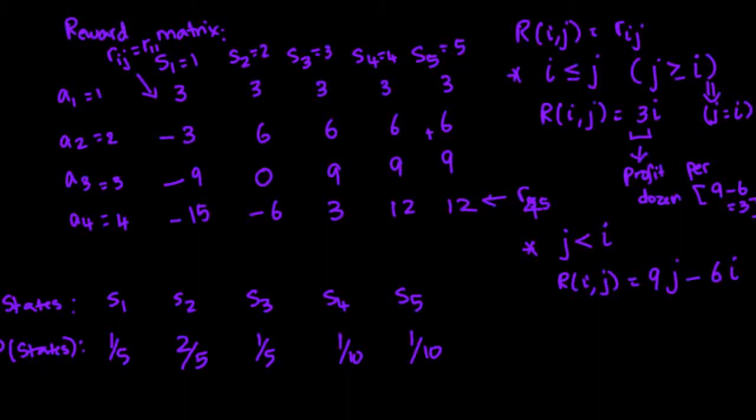This means that state 1 would happen 1/5 or 20% of the time. S2, the second state, would happen 40% of the time. S3 would happen 20% of the time. S4 would happen 10% of the time, and S5 would happen also 10% of the time.